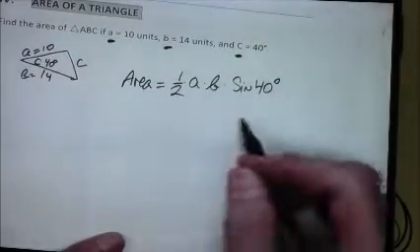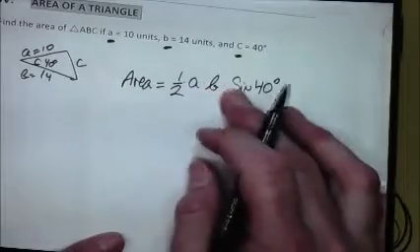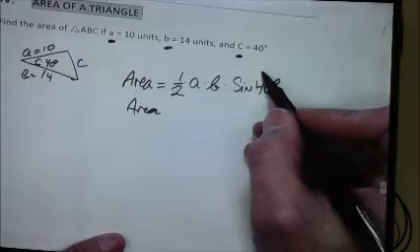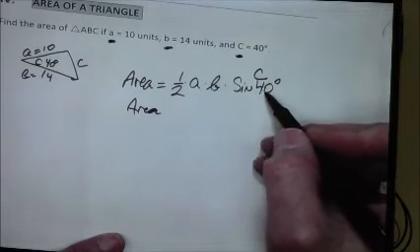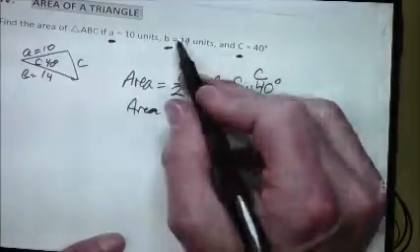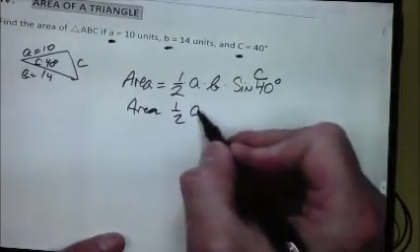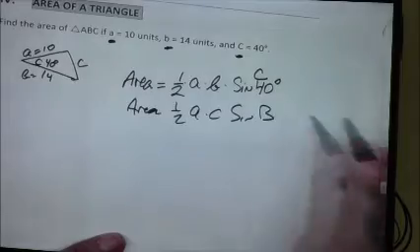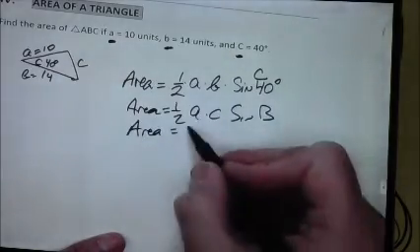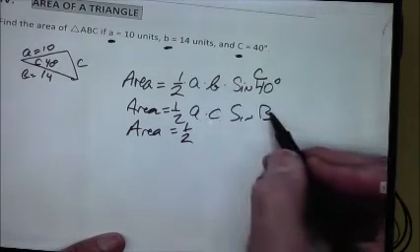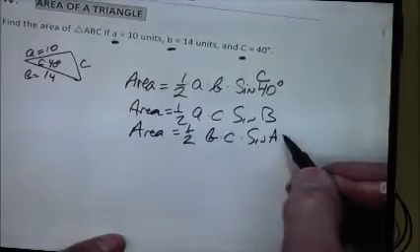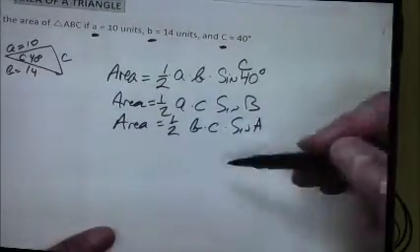By the way, before I go on, this is true for any two sides, because let's say that instead of having sine of C, so I guess I should have put C in there. If I had, say it was B here, and it was C and it was A, it would still be the same thing. It would be A times C times sine of B. Or, if I had the third combination, where I know angle A, then it would be B times C times the sine of A. Notice it's the same pattern.